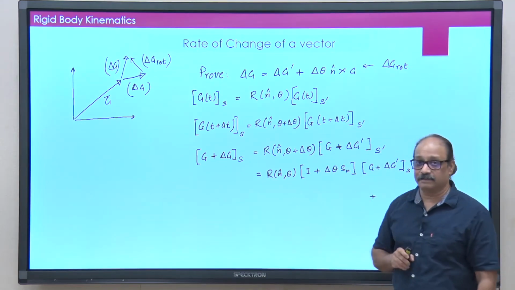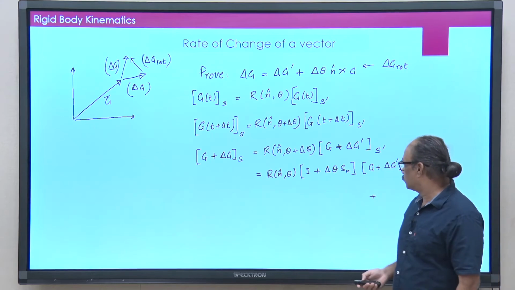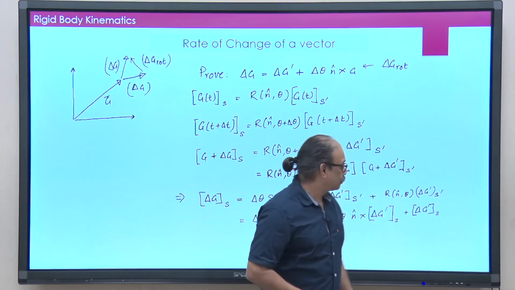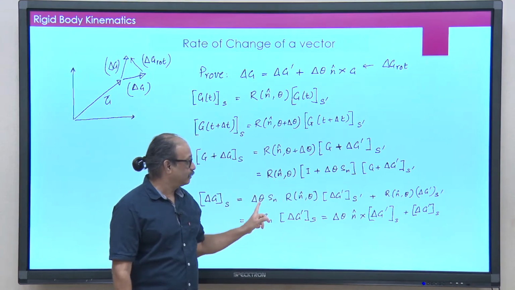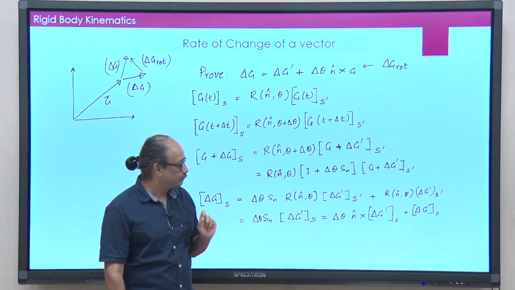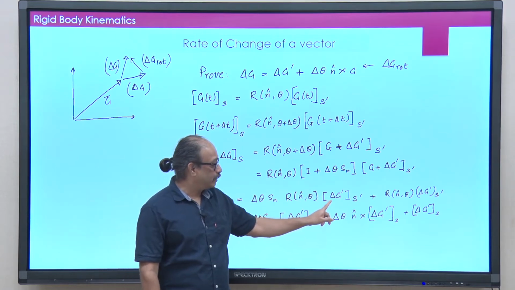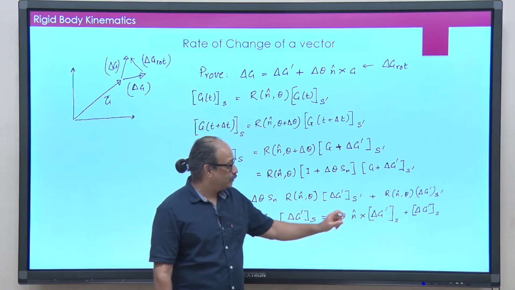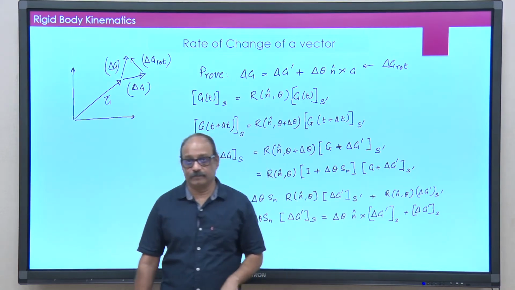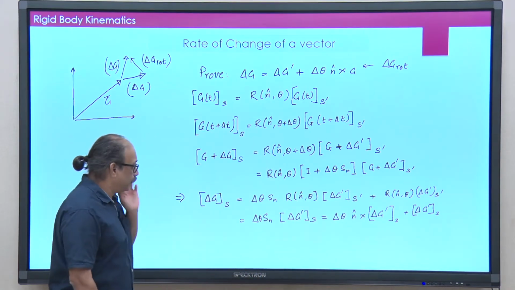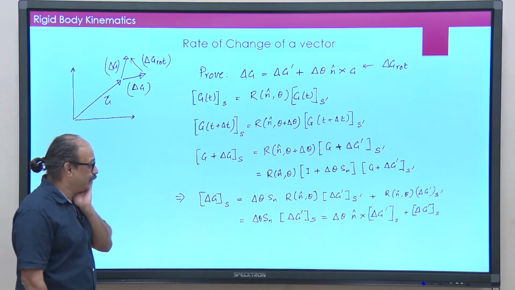So, that will get cancelled, leaving you with only the 2 terms, and those 2 terms here are delta theta S n r n, then delta g, and then you have r n I and delta g. And if you interpret this, that is very easy.